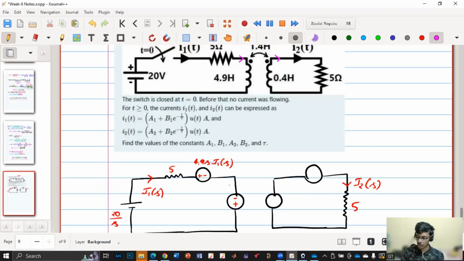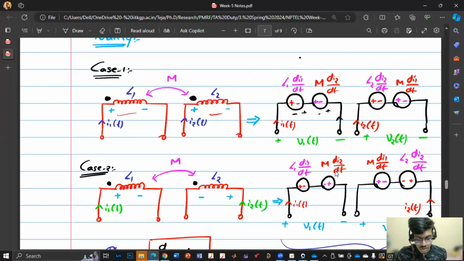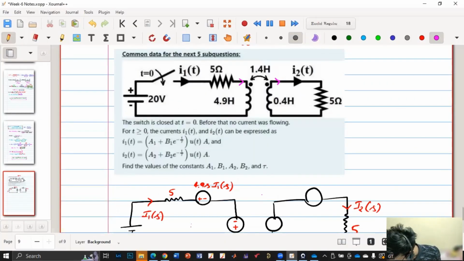Here it is 4.9 S I1. Now for mutual inductance, what will be the voltage value? So 1.4 I2 S. Yes, you are right, because mutual inductance will have M di2 by dt, so it is the other branch current. So it will be 1.4 S I2 of S.